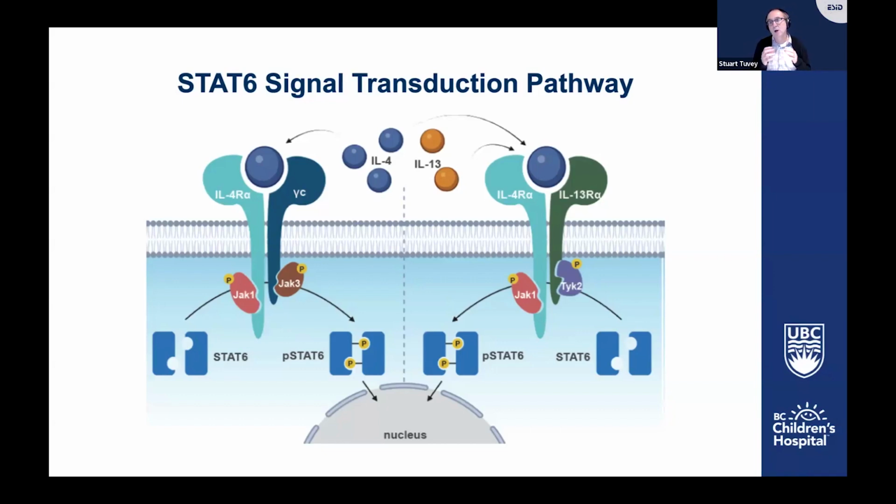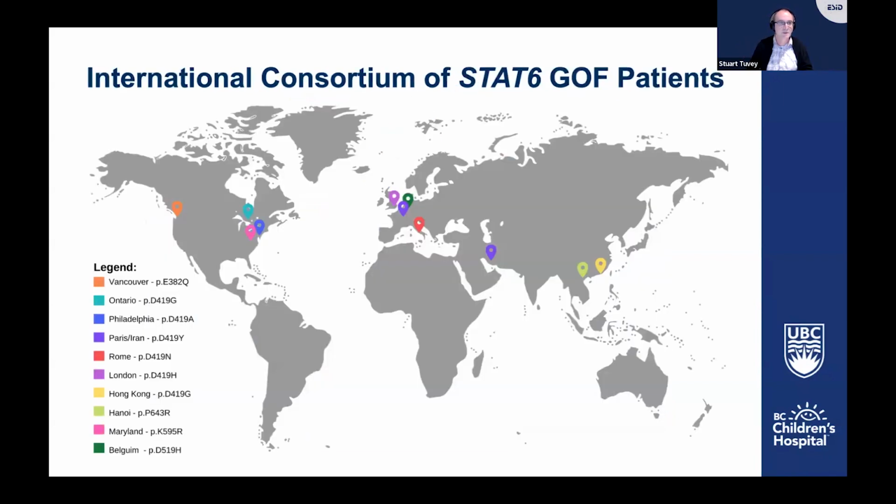In addition, 20, 30 genome-wide association studies had shown that common genetic changes in the STAT6 gene linked to various atopic phenotypes. And so the scene was set for us to define and find a monogenic disease.